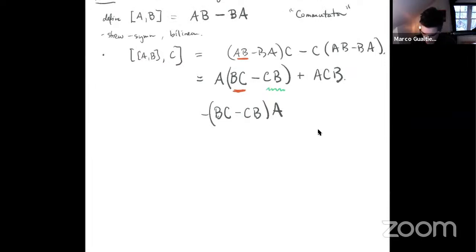So there's BCA, which does not appear, and CBA, which does appear. So this term occurs here, but I introduced a term which is not present, so I need to get rid of it. BCA. Okay, and then you can see that right away here I have a commutator. This is A, B, C. What's in yellow is equal to this.